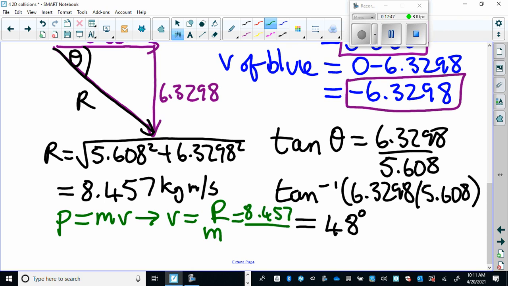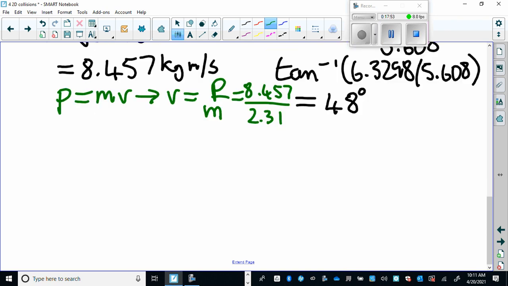The mass of the blue ball is 2.31. That is going to give us a final velocity of 3.66 meters per second, which seems pretty reasonable.